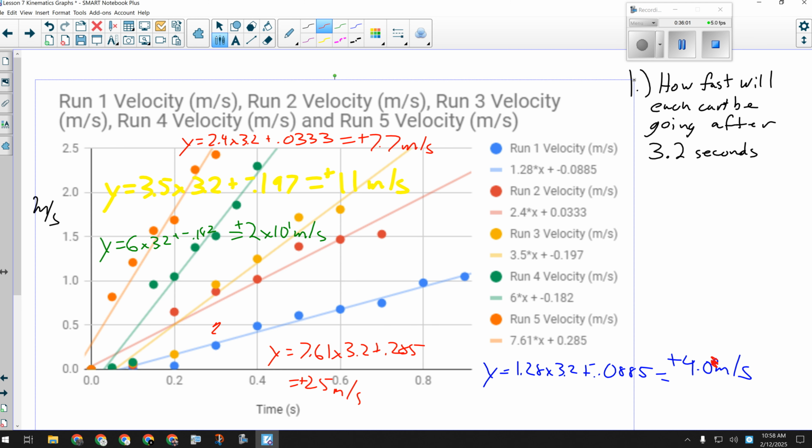In the end, was the math of that question very difficult? No, you're just plugging 3.2 into every single one of those formulas and not having to manipulate anything. Figuring out that that is what you're supposed to do, that's the tricky part. That involves that skill I've been talking about all day and all day yesterday, graphical analysis. What's on my graph?